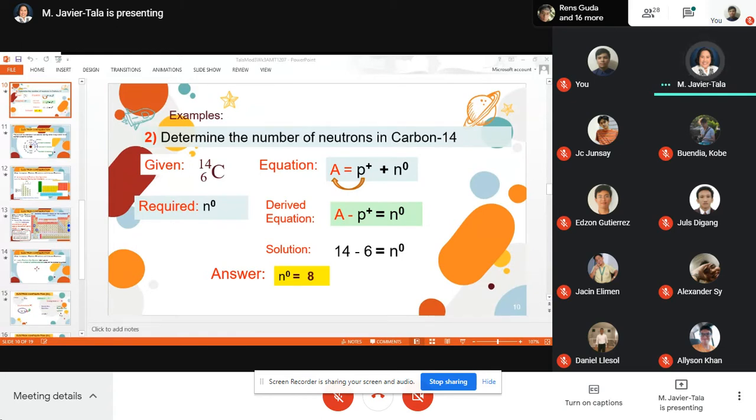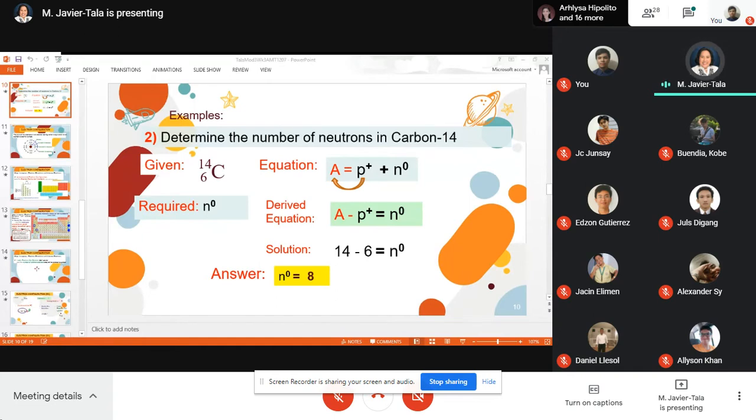You are being asked to solve for the number of neutrons. So again, we derive the equation. Your mass number equals the sum of your protons and your neutrons. By transposing to the other side, we will derive the equation for your number of neutrons, which is equivalent to your mass number minus your number of protons.